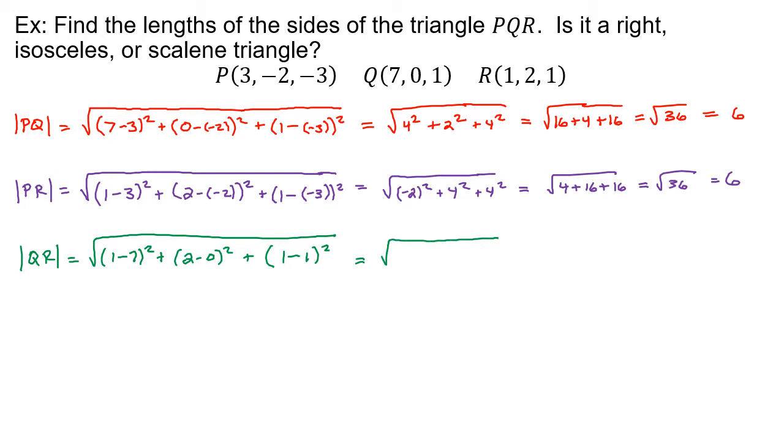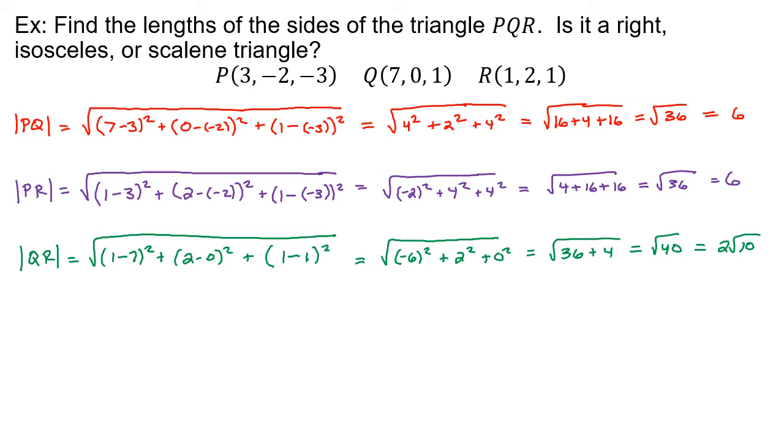So 1 minus 7 would be negative 6 squared, and a 2 squared, and a 0 squared. So I'll get 36 plus 4, which is square root of 40, which doesn't come out quite as nice as square root of 36. You can simplify it. It is 2 root 10 if you want to pull the 4 out to take the square root of 4.